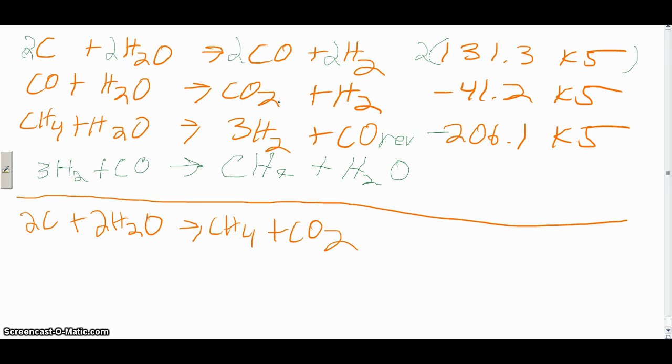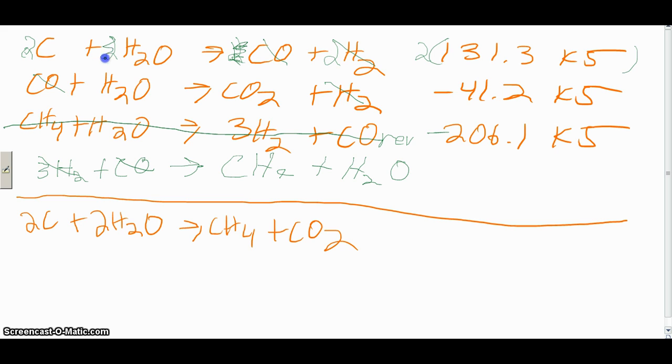Now we can start canceling everything. So the 3H2 cancels with the 3H2s on the right side. And then this CO cancels with this. And then this one cancels with this. Now we are left with two C's, 3H2s on one side, and CO2, CH4, and H2O on another side.